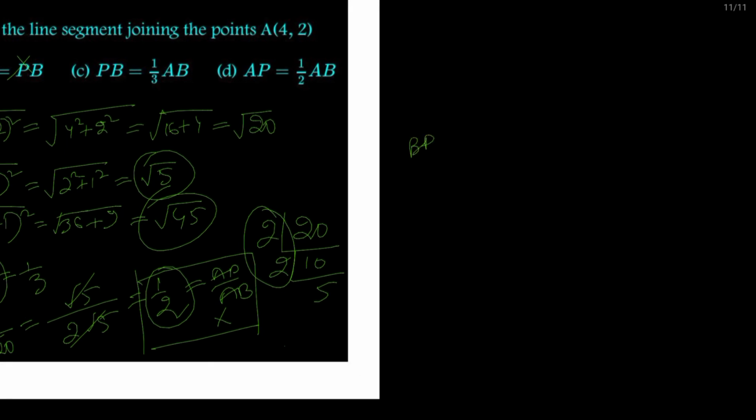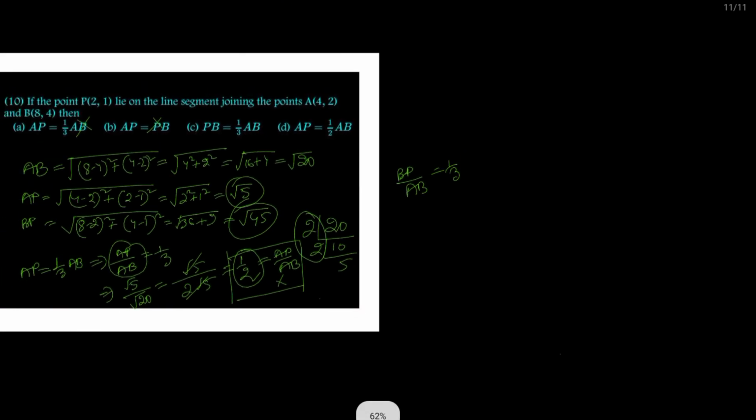We can write this equation as BP divided by AB is equal to 1 by 3, and we have seen that the value of BP is square root of 45 and the value of AB is square root of 20.